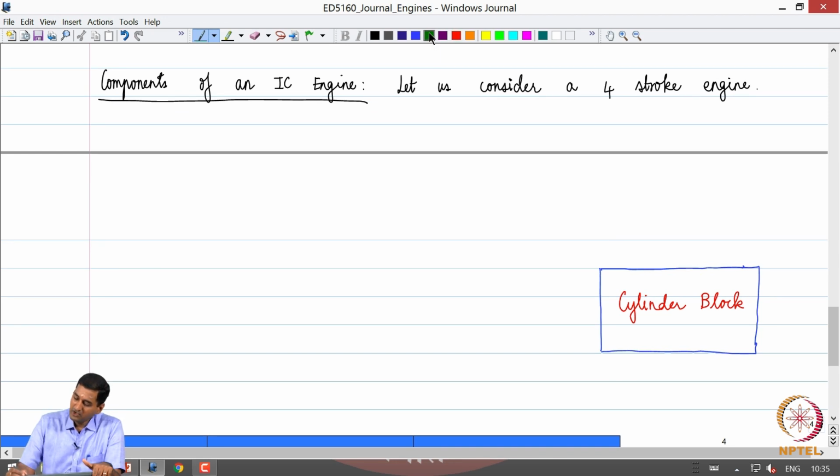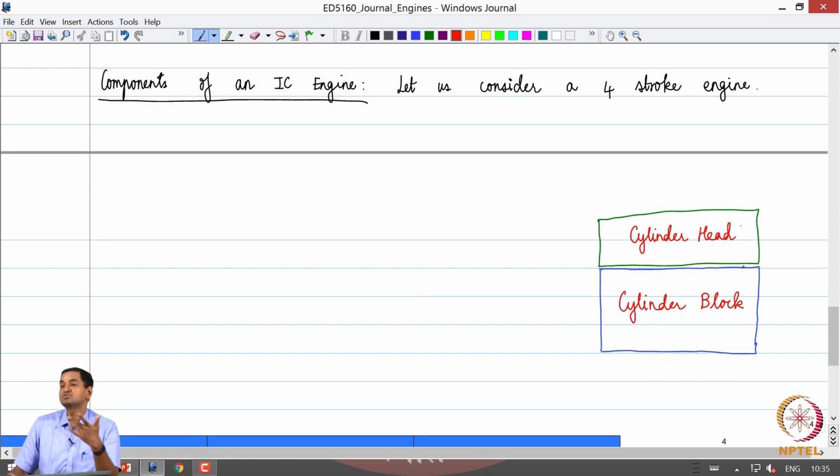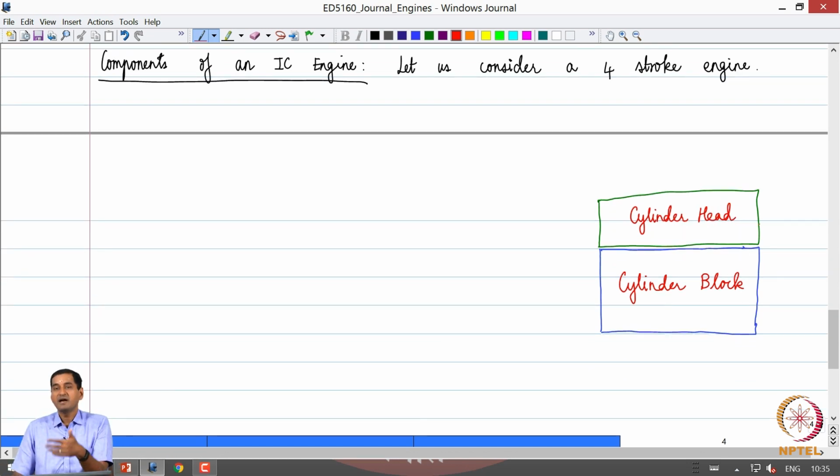And on top of the cylinder block we have what is called a cylinder head. So the cylinder head contains mechanisms that are used to introduce air and fuel into the combustion chamber in the cylinder block, and also mechanisms to control these so called valves, which introduce air and fuel air mixture.